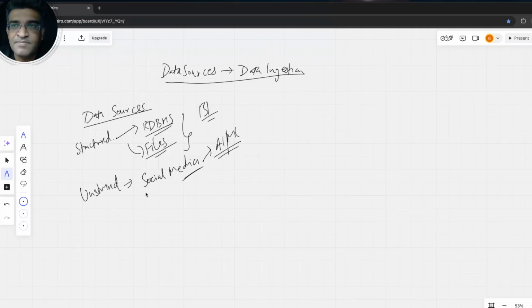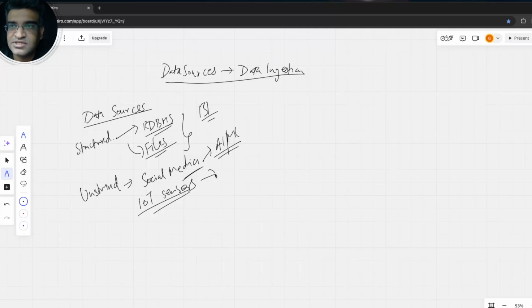Apart from this, there can be a lot of data coming from IoT sensors. If you are in an industry where you are dealing with, let's say, cooling devices and refrigeration, where you have some temperature sensors, and you are checking whether the temperature is below, let's say, 10 degrees or 20 degrees, you want to constantly monitor that.